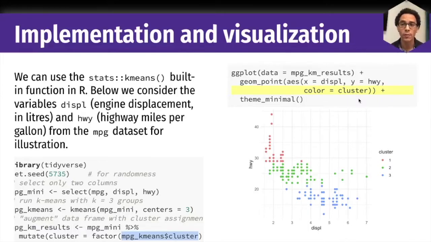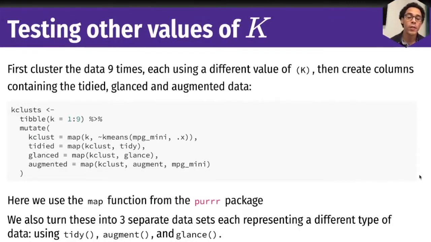A natural thing to do is ask yourself what would happen if you would change, increase, or decrease the value of k that represents the number of clusters that you want to create. So first, cluster the data 9 times, each using a different value of k, and then create columns containing the tidy, glance, and augmented data.